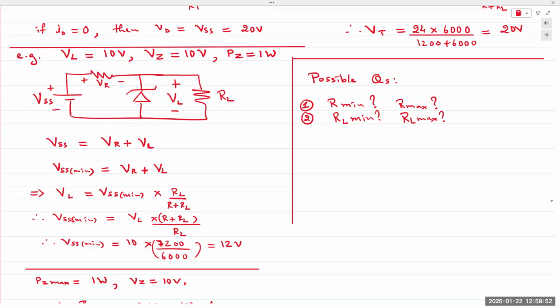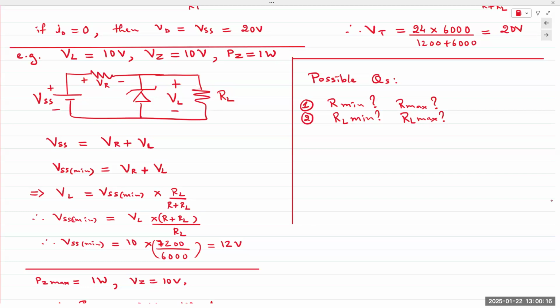Because again, if RL is smaller compared to R, as we saw in the equation, not enough voltage would drop across the Zener diode. If RL is smaller than R, voltage division would imply the Zener diode voltage is not going to be as high as 10. And so there's a lower range, and there's also a maximum range of RL.